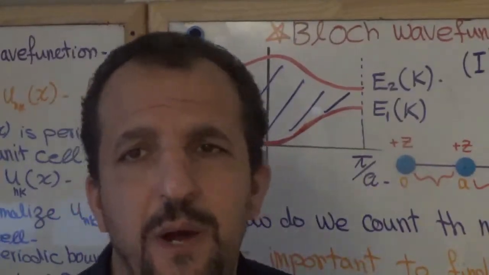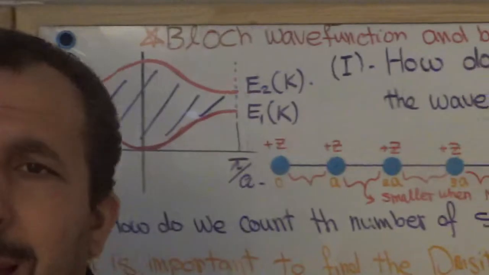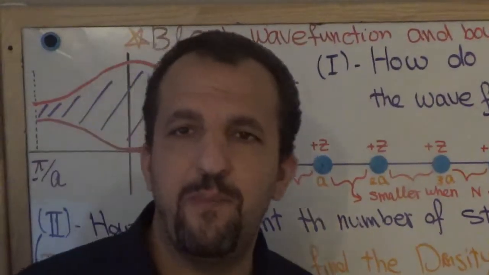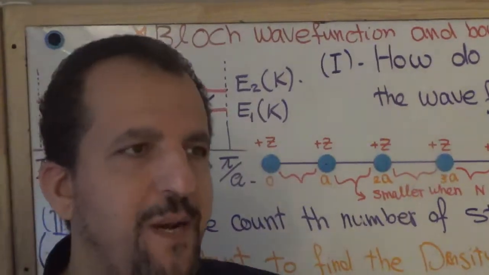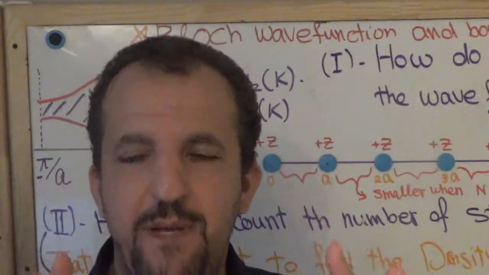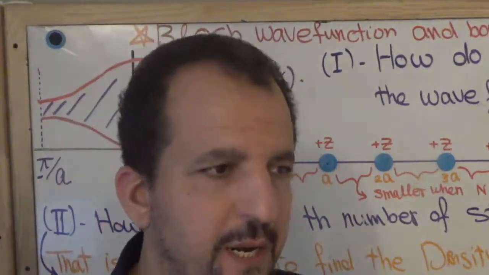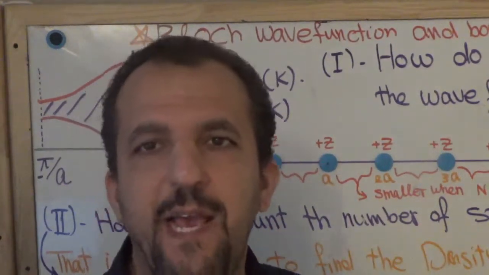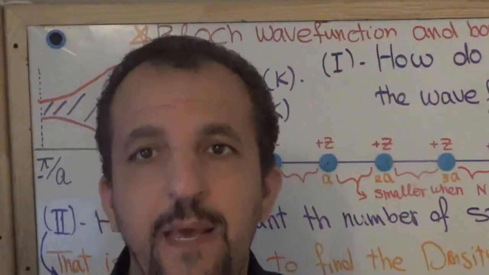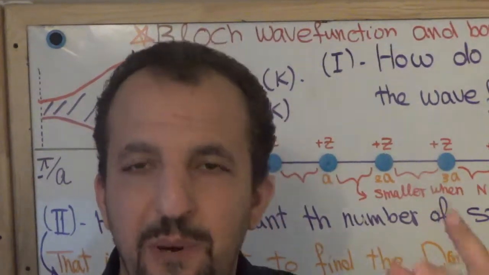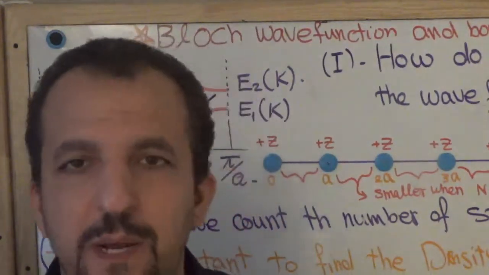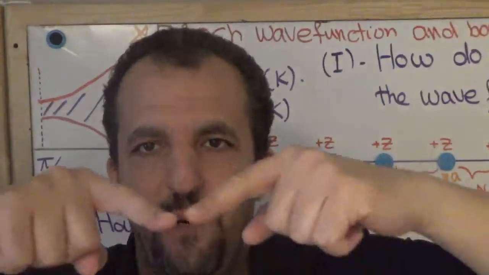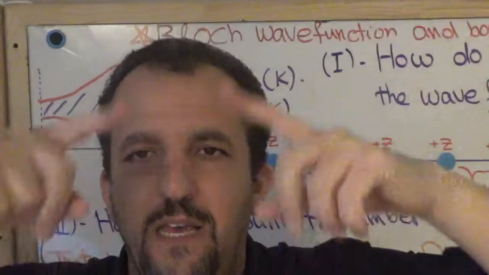Okay, so if you go back, guys, to the dispersion equation, the equation that describes the energy, you can see that the energy is a function of k squared. When we draw k squared, that gives a parabola, so energy as a function of k gives a parabola.